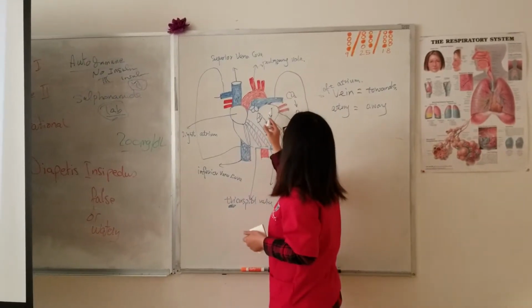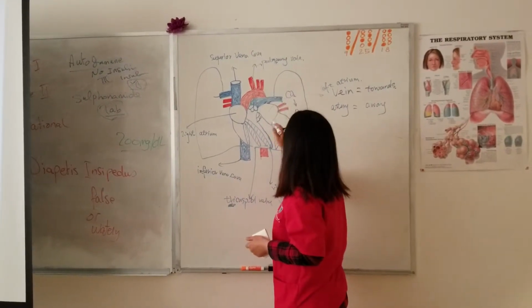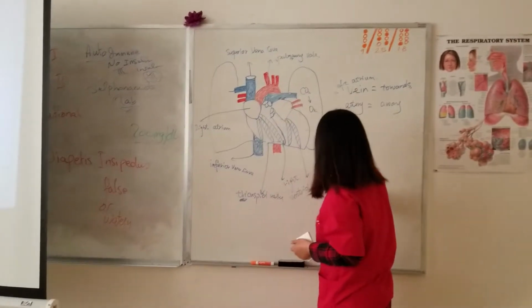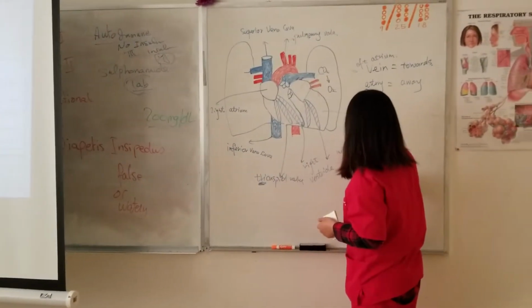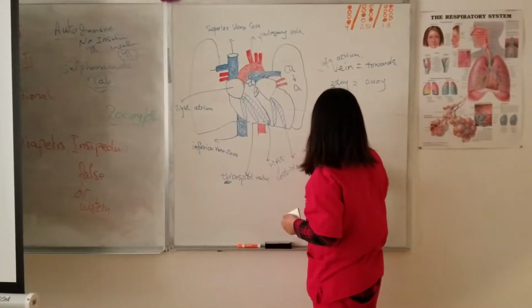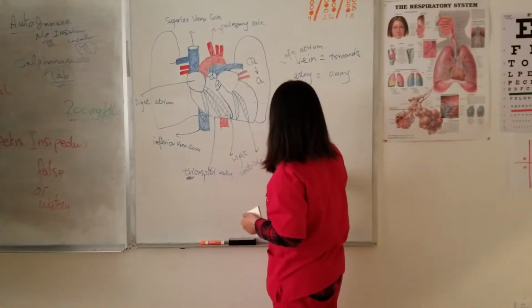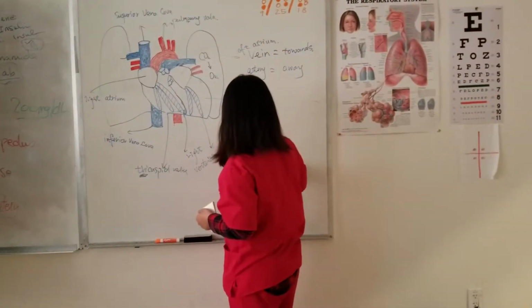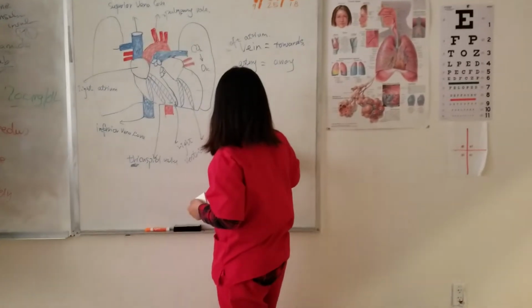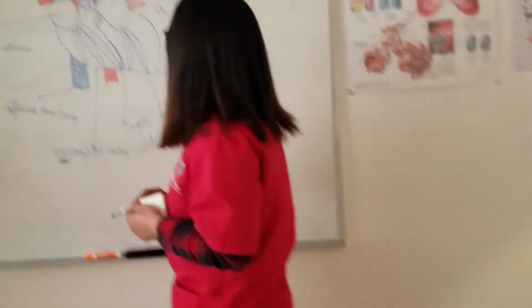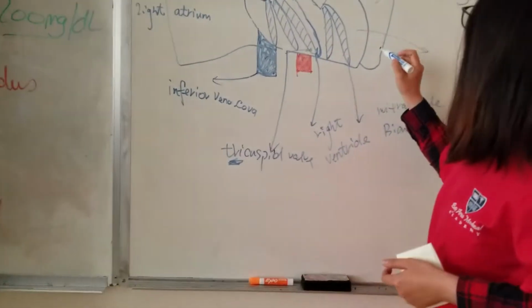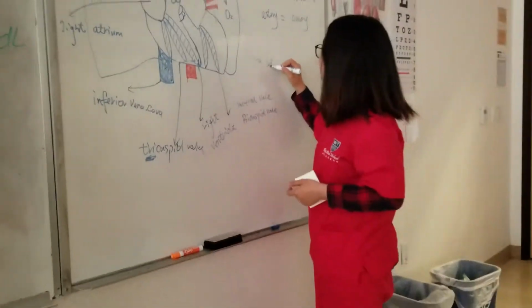When the left atrium contracts, the blood goes through this valve, the mitral valve, which we also call the bicuspid valve. And then the blood goes to the left ventricle.